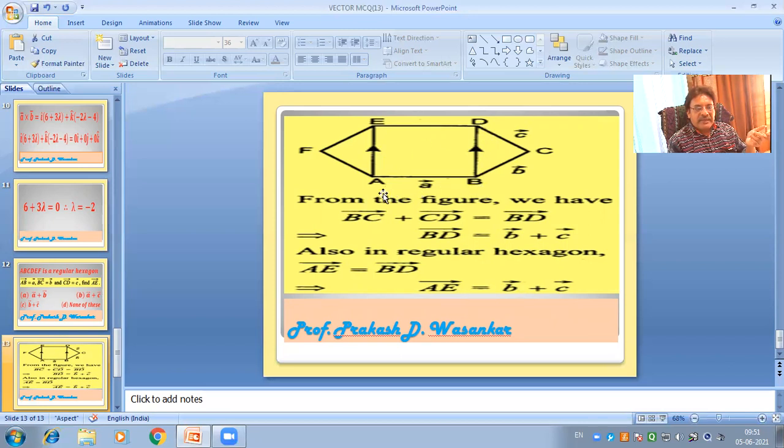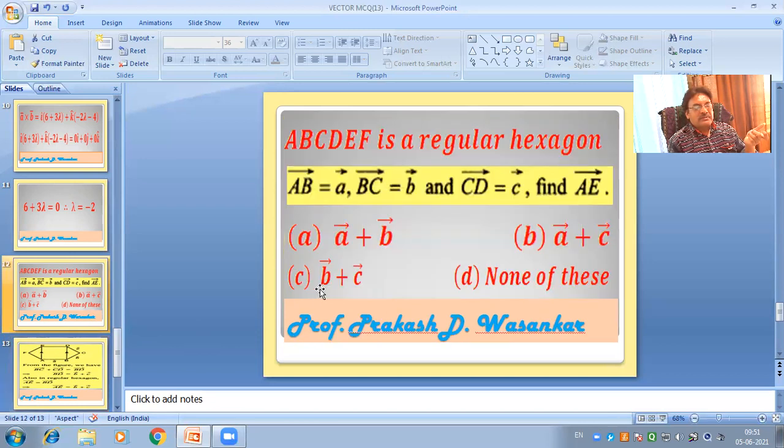So BD and AE have the same direction and equal magnitude. Therefore, vector AE is equal to vector B plus vector C. That is C is the correct option.